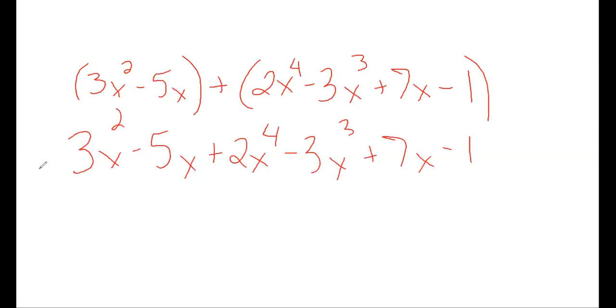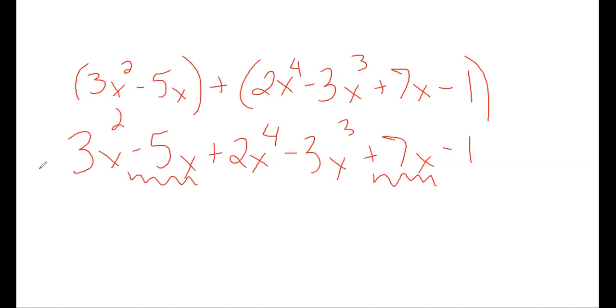So first, let's identify like terms. This is where you can use different shapes around your like terms. I see that there is a negative 5x and a 7x. Other than that, there's no other sets of like terms here, but I'm going to start with the highest degree.